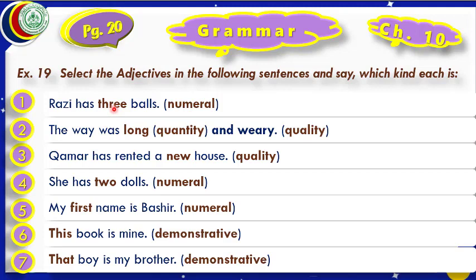And when an adjective answers the question how many, what type of adjective is that? Numeral. The way was long. Yes, students, this "long" is the adjective of quantity.